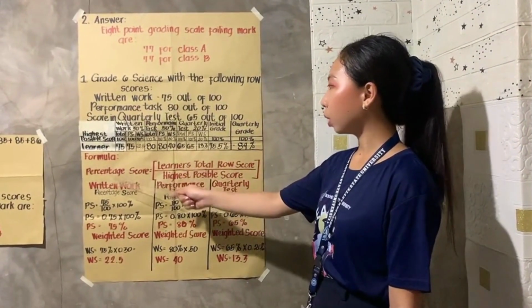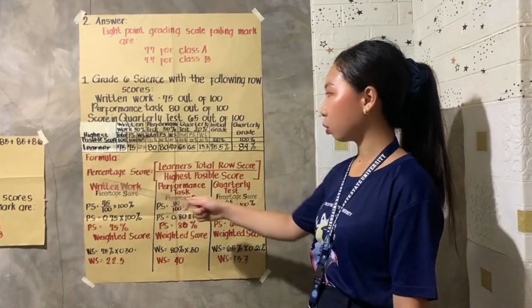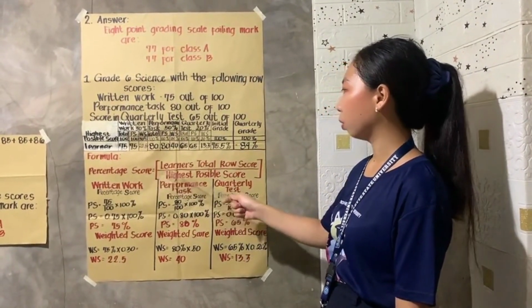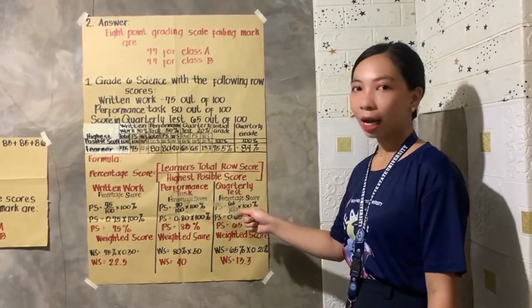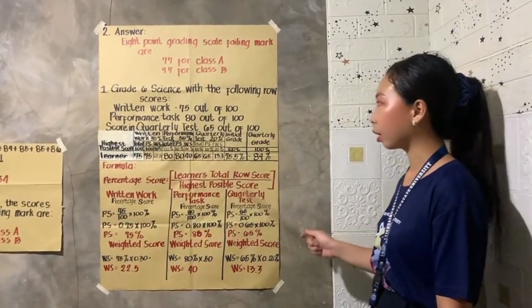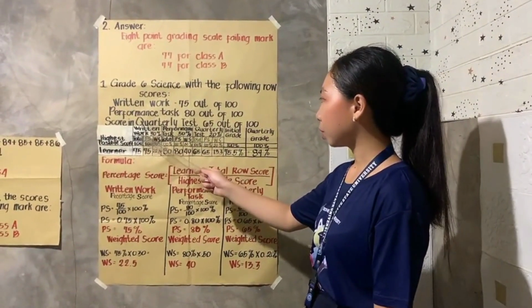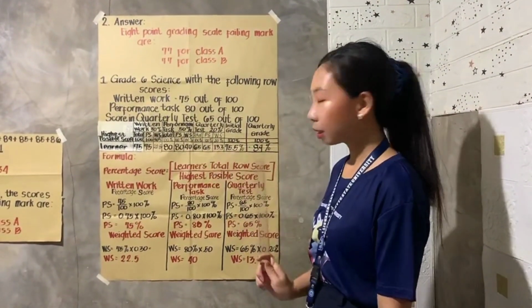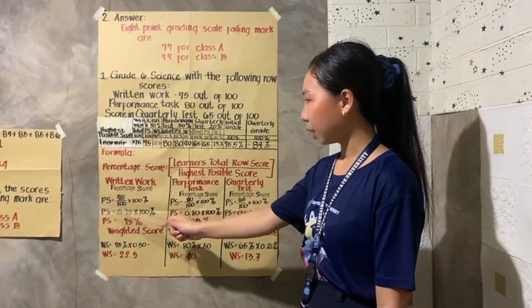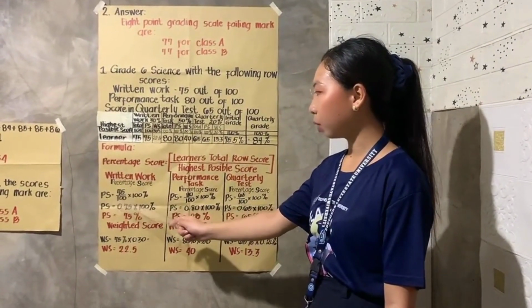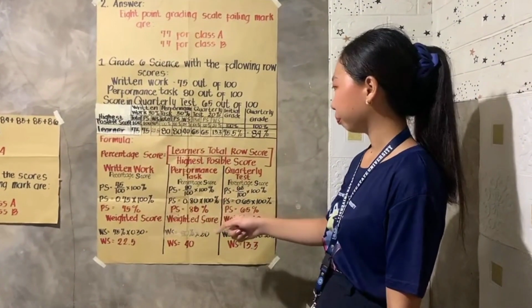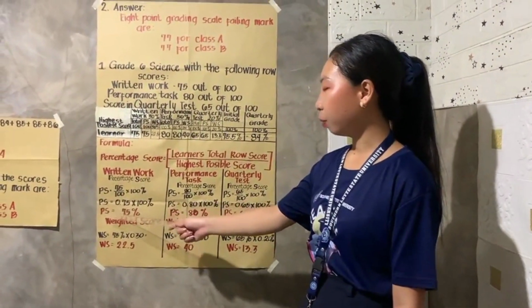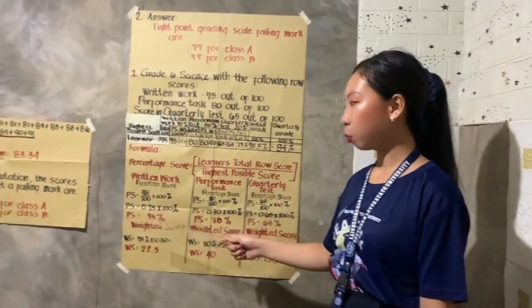And getting the formula, percentage score is equal to the learner's total raw score divided by the highest possible score. And computing the percentage score, that is 75 divided by 100 times 100. So that would be 0.75 times 100.